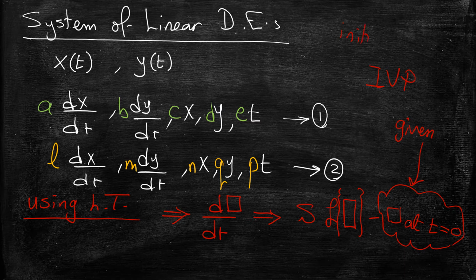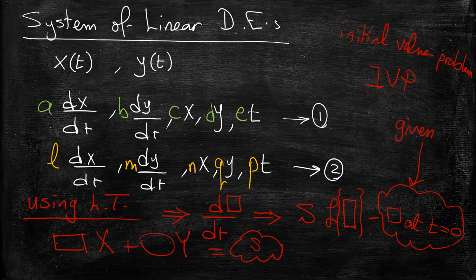So dy by dt becomes an algebraic equation in y and s, and dx by dt becomes an algebraic equation between s and x. All of these at the end become something multiplied by x, another thing multiplied by y, equal to some function in s.